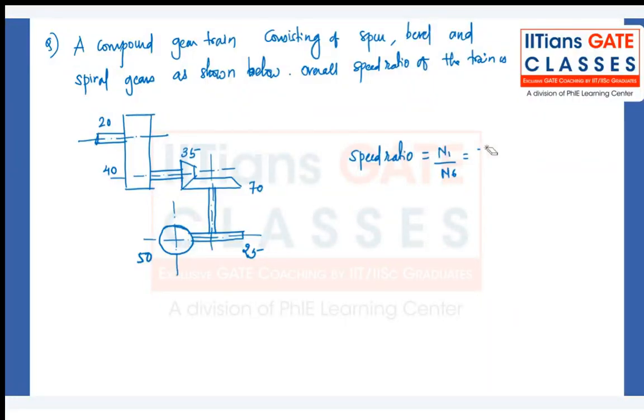Okay, so it is minus, minus, I would say, T2 into T4 into T6 divided by T1 into T3 into T5.